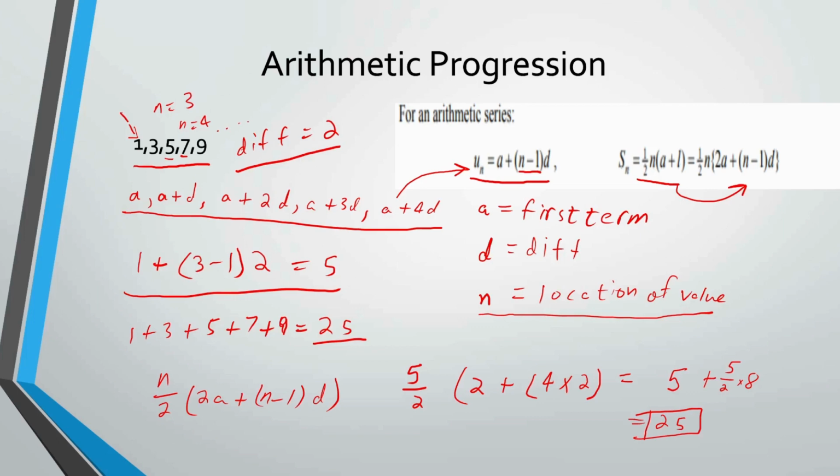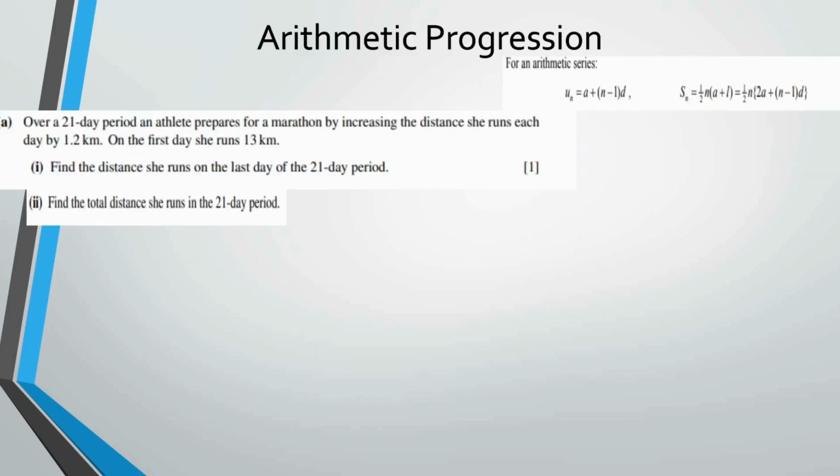Now let's move on to another type of question for arithmetic progression. Here I've taken a question from the past papers. Over a 21-day period, an athlete prepares for a marathon by increasing the distance she runs each day by 1.2 km. On the first day, she runs 13 km. Find the distance she runs on the last day of the 21-day period.